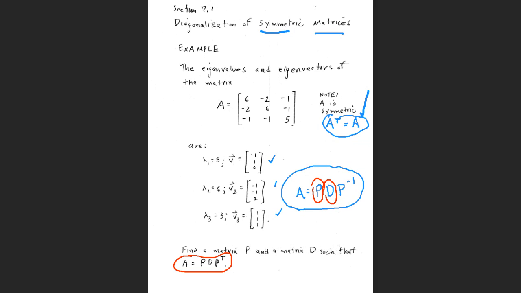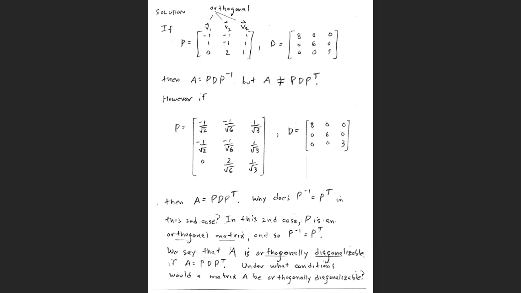We already know for this problem, if I go to the next page here, that this matrix P, with its eigenvectors as its columns, and this matrix D with the corresponding eigenvalues, give A equals P times D times P inverse.